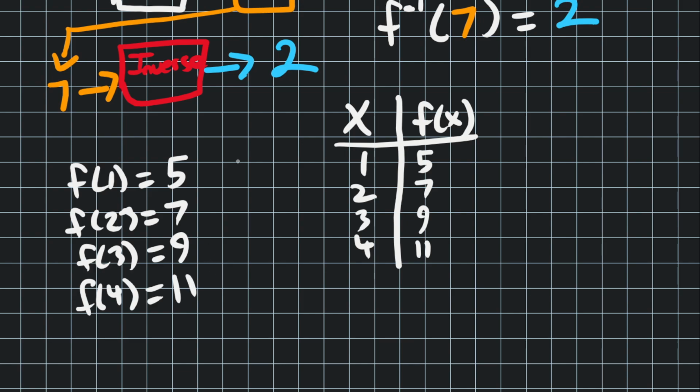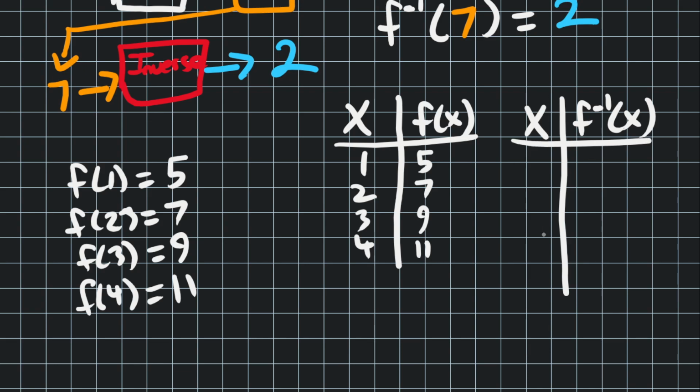So what does this tell us about the inverse function, f inverse of x? Let's actually try to draw a table for f inverse of x. We can take this table for f of x and just switch both of the columns. For the x values, the inputs in our inverse function, let's take the outputs of f of x.